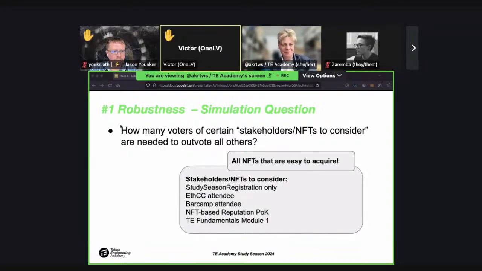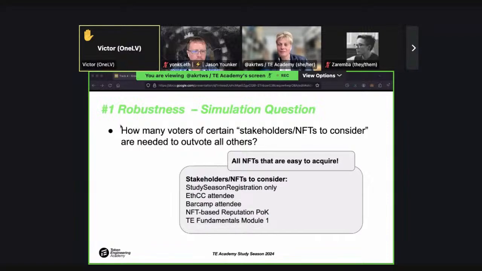Victor. Okay, can you hear me? Yeah, very quickly. I feel a bit bad because I think I just jumped Jason, so I'm going to tie his question into mine. He's asking what if we got an NFT for registering to the study season. That's an interesting question, because if yes, there would be quite an easy way to get an NFT.